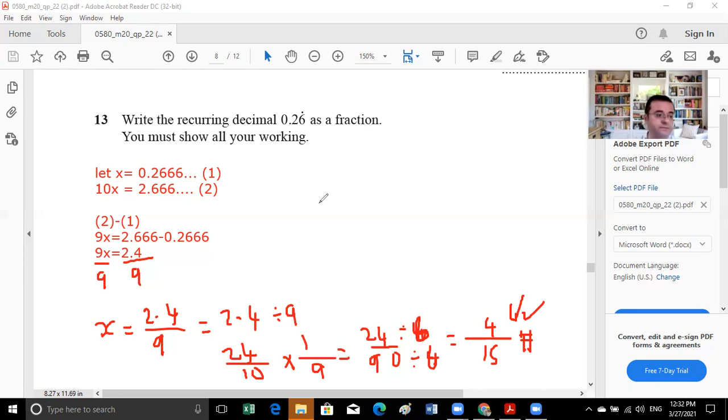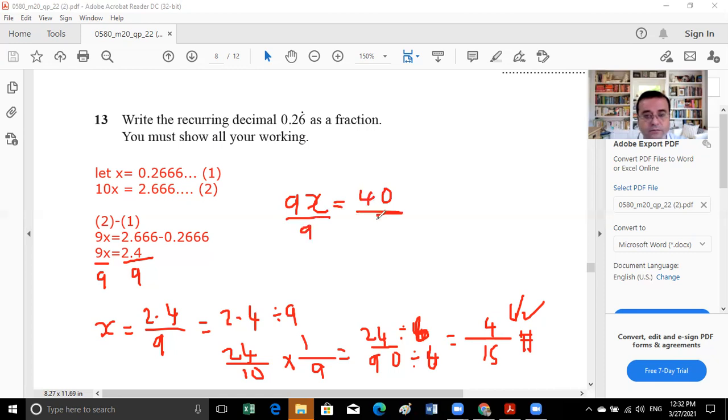Teacher, do we divide by 9 because we have 9x? Yes, because if you have 9x equal, let's say 40, how do you get x? We divide by 9.